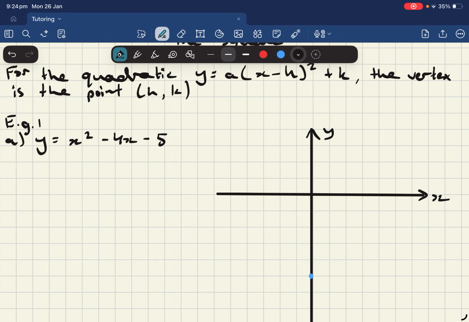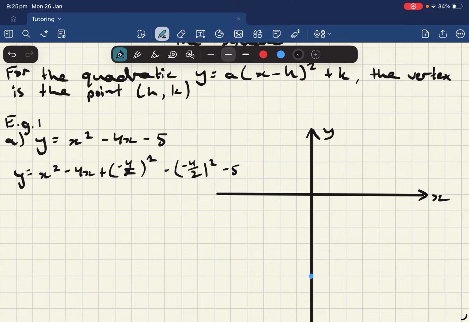Now, we want to, from here, complete the square. So y equals x squared minus 4x. We're going to add that coefficient of x, divide it by 2, and square it. And remember, we can't just add something out of the blue, so we have to subtract that again, and then minus 5 from that.